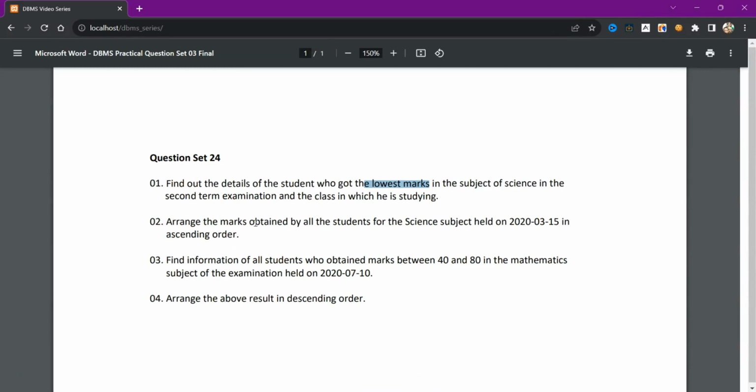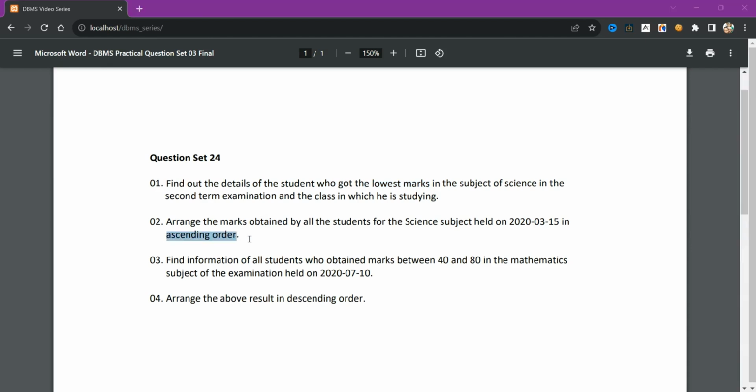Arrange the marks obtained by all the students for the science subject held on 2020 March 15 in ascending order. So they have told us to arrange the marks in ascending order. What do you mean by ascending order?